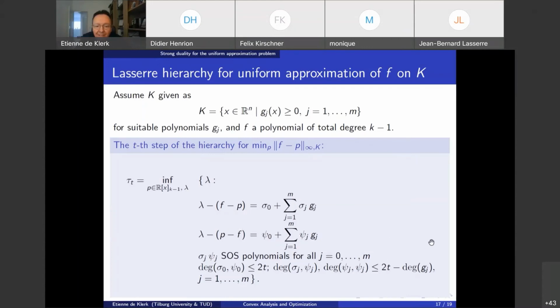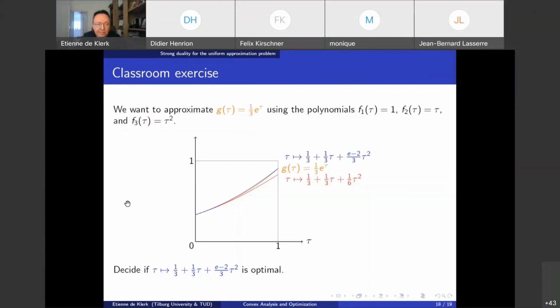So this is just worth noticing. It's a little bit different from the polynomial optimization situation, but anyway, these values do converge to the minimum value of the uniform approximation. Okay, so that was basically what I wanted to say.